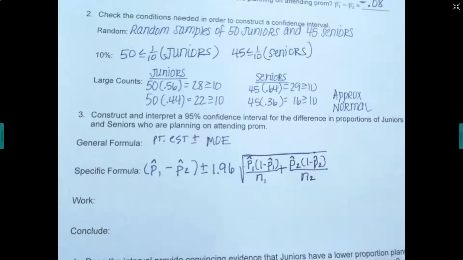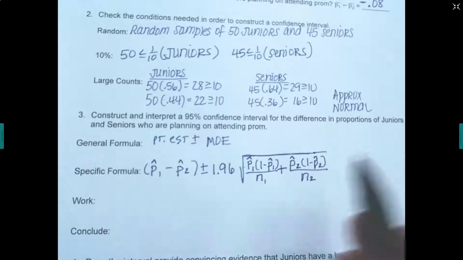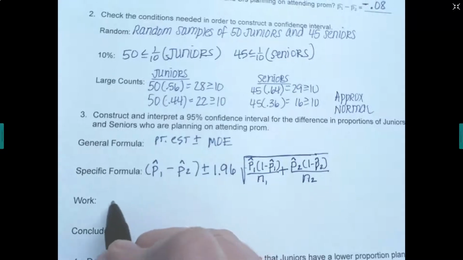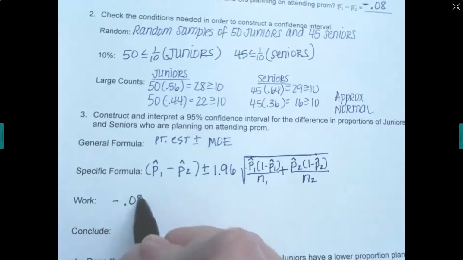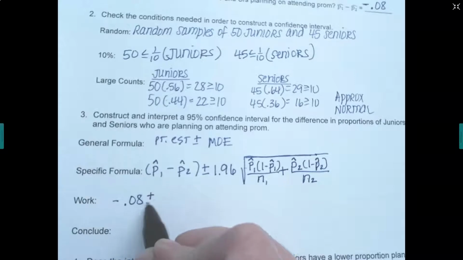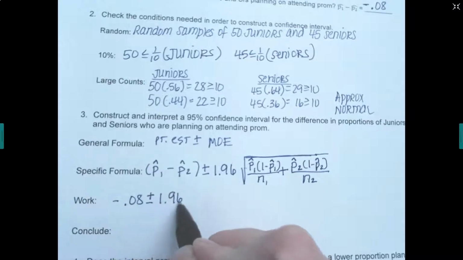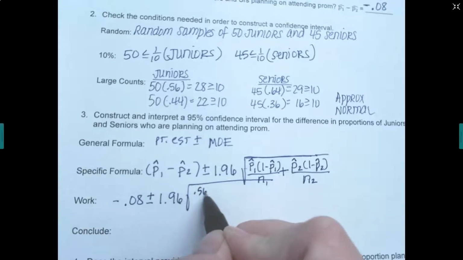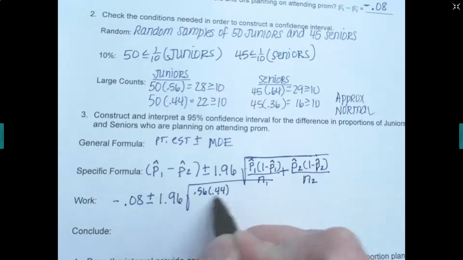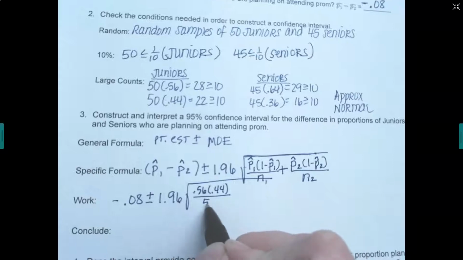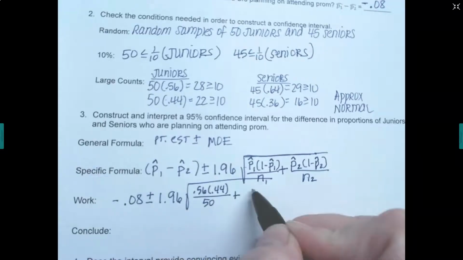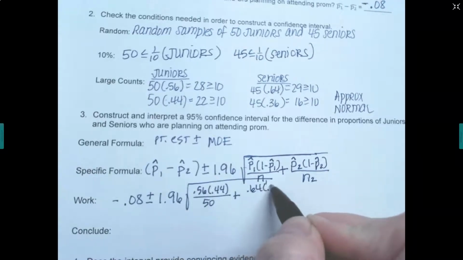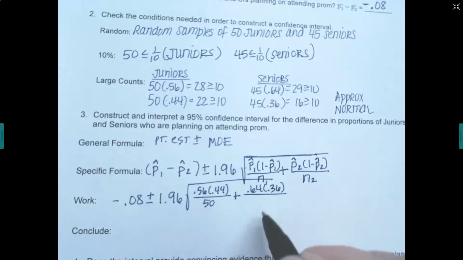What this looks like when you plug it all in is the difference of negative 0.08 plus or minus 1.96 times the square root of 0.56 times 0.44 divided by 50 plus 0.64 times 0.36 divided by 45.